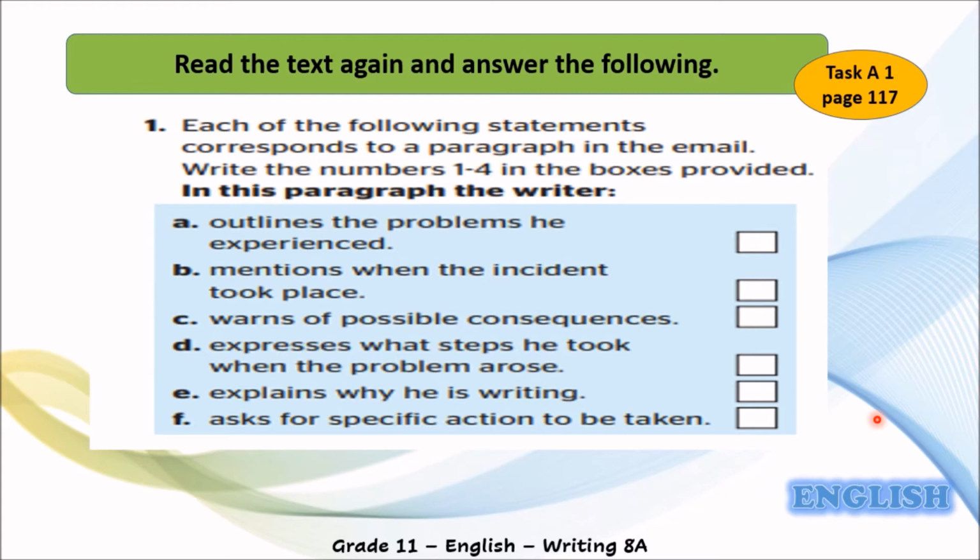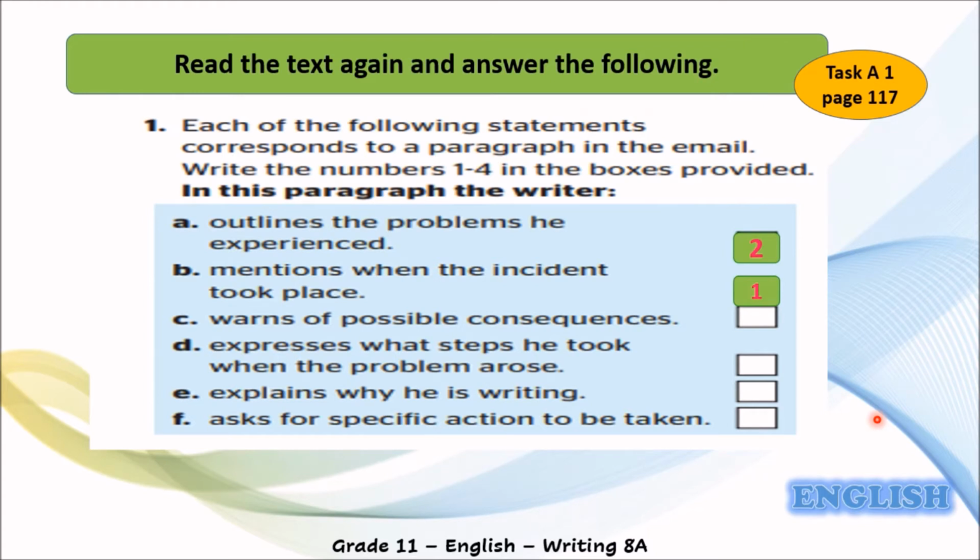A. The writer outlines the problems he experienced. So it was mentioned in paragraph 2. Good. B. He mentions when the incident took place. So in which paragraph is he setting the background for the incident? Yes, it's in paragraph 1.